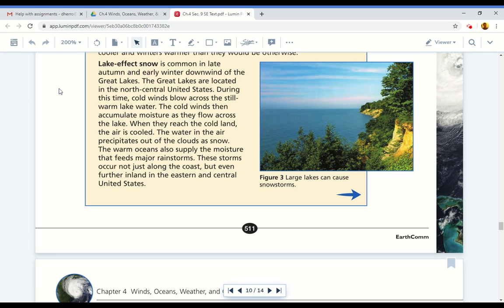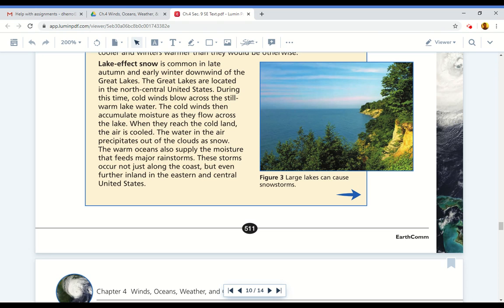Lake effect snow is common in late autumn and early winter downwind of the Great Lakes. The Great Lakes are located in the north-central United States. During this time, cold winds blow across the still warm lake water. The cold winds then accumulate moisture as they flow across the lake.